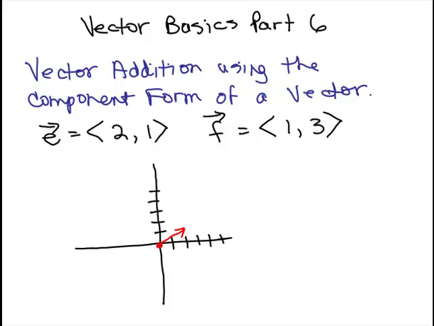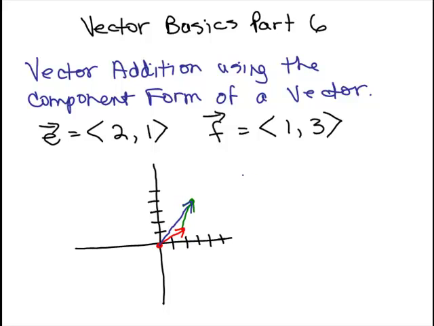Now you could put that anywhere on the graph, right? And then from the endpoint here, we graph vector F, which is 1, 3. So I start at this point, go over 1 and up 3 spaces, so I end up right here. And so my final answer would be this vector right there.